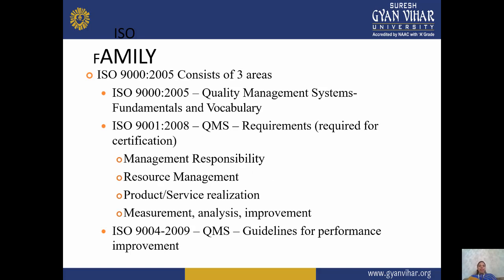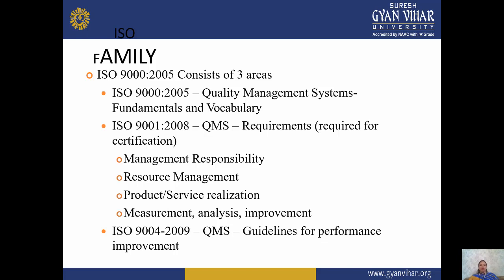So the ISO series has the ISO 9000 series first, then 9001, 9004, etc. The ISO 9000 series was first established in 2005, and it consists of three areas: ISO 9000:2005, Quality Management System, Fundamentals and Vocabulary.